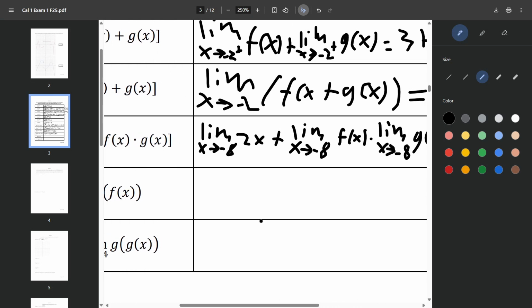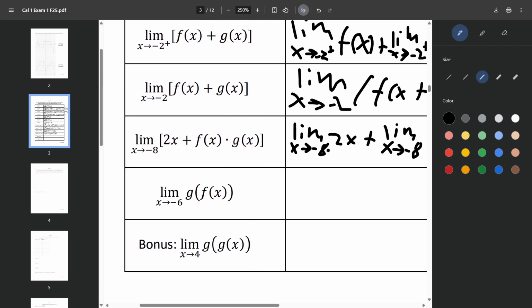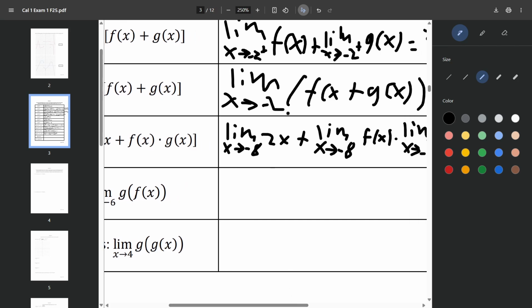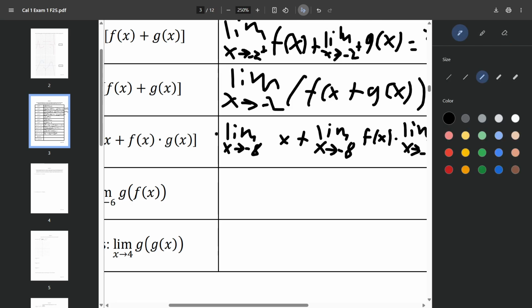Now, we have a bit of a problem as we have a constant right here in our equation. However, there's another rule of limits where if you have a constant inside your limit, what you can do instead is move the constant outside of your equation. So we're going to do a little bit of a change and move it right here in the front.